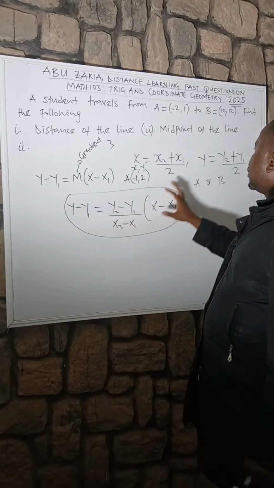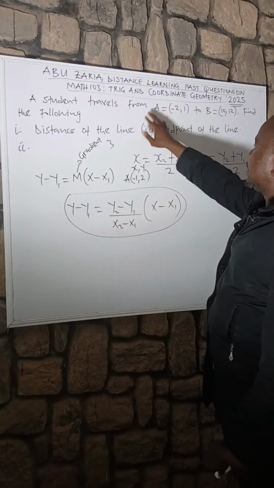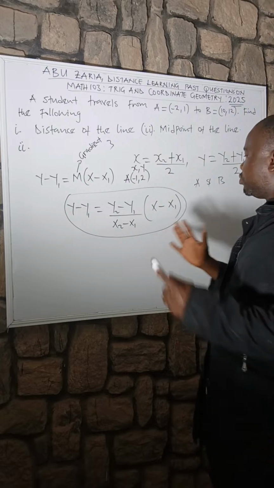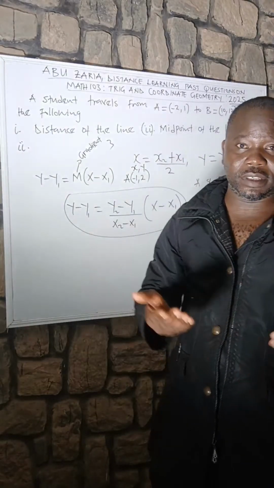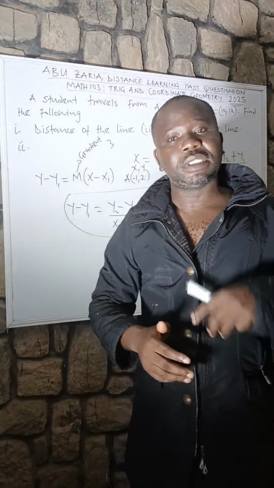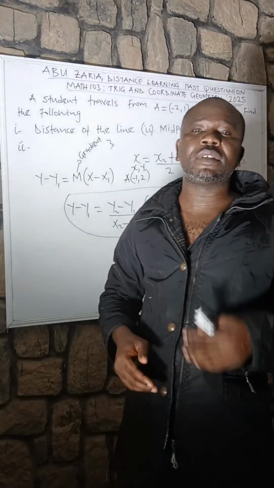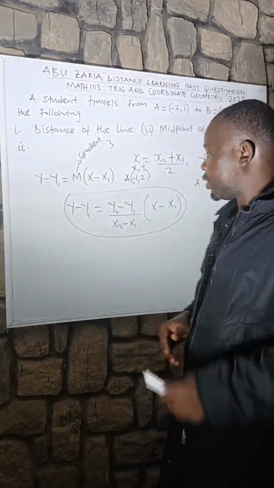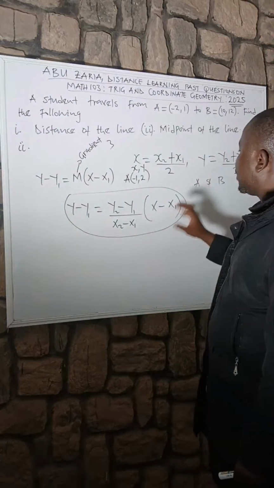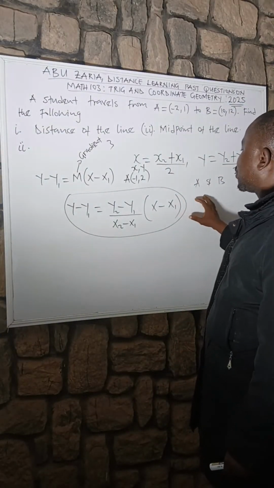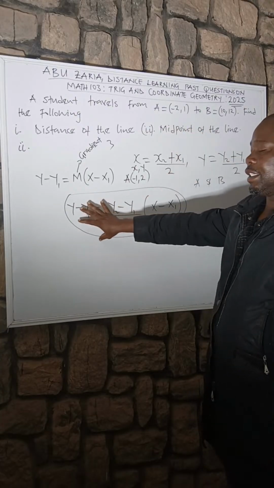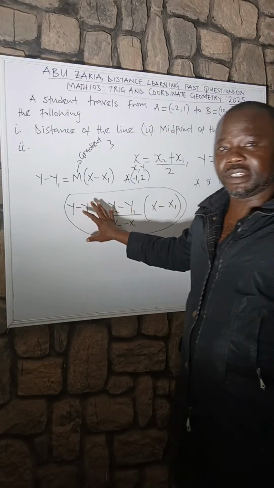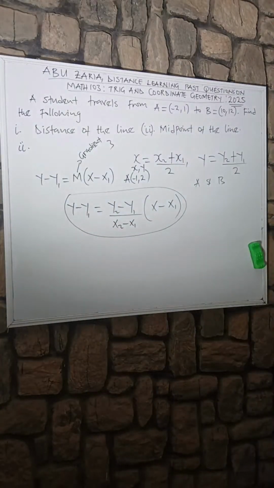But at this point, this question involves 2 points, and the 2 points contain the entire coordinates, x1, x2, y1, and y2. True or false? It's true. So the formula that we can use for this purpose is this. Do you understand? Do you have any question? Please drop it in the comment section.